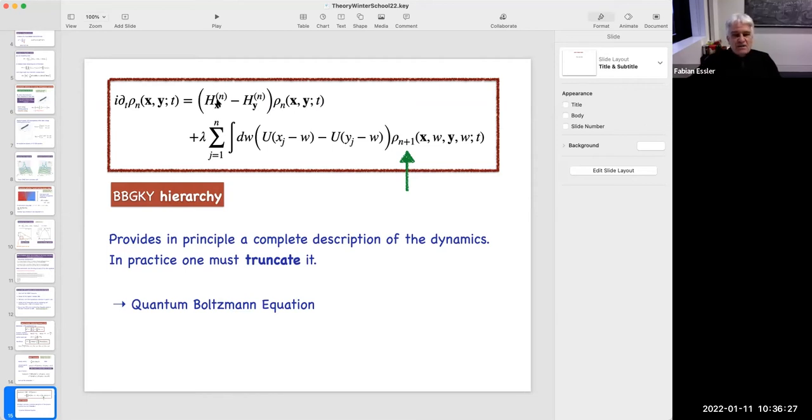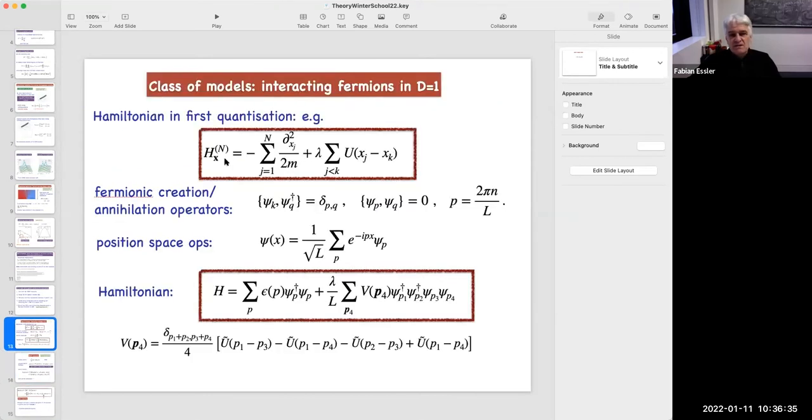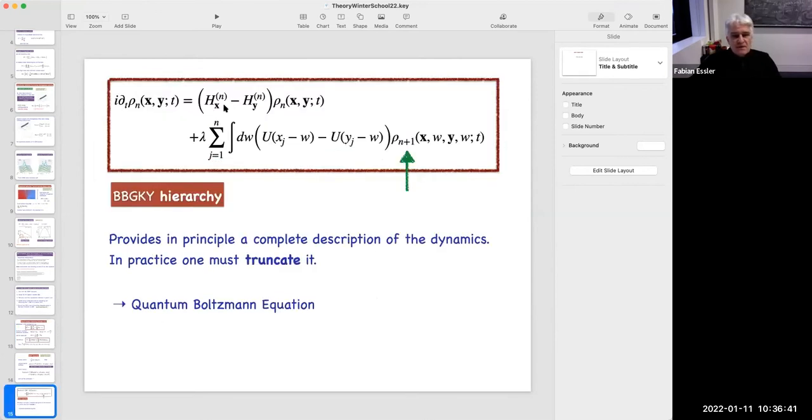And you act on this with some differential operator, and the differential operator is nothing but the Hamiltonian in first quantization. So this object here, once as a function of x and once as a function of y.